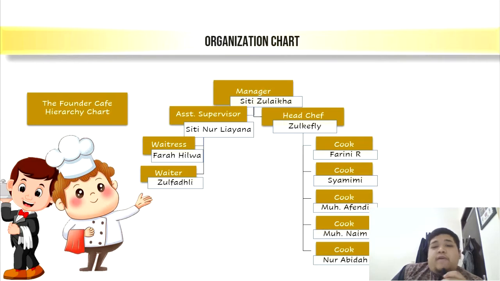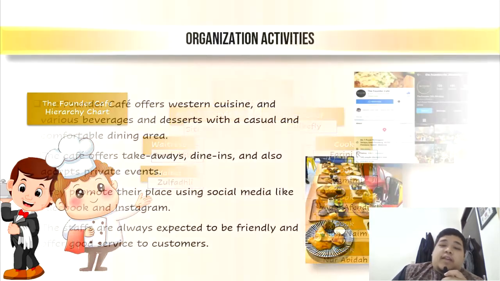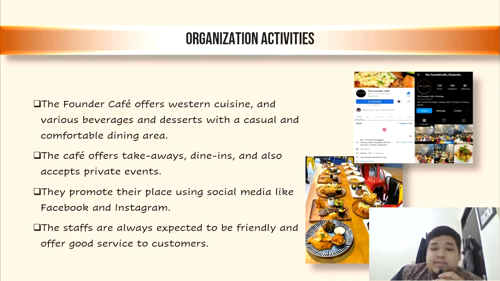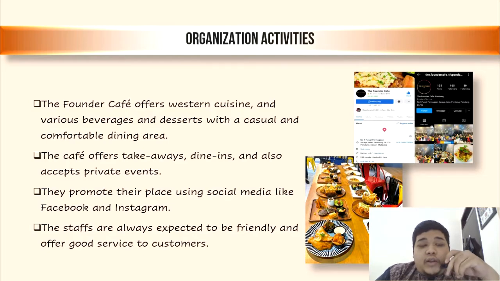The cafe offers takeaways, dine-ins, and they also accept private events. They promote their place using social media like Facebook and Instagram, and they have very friendly staff who always exceed the customers' expectations.